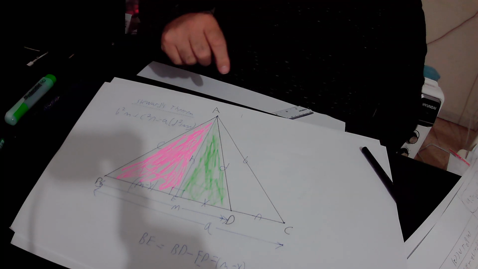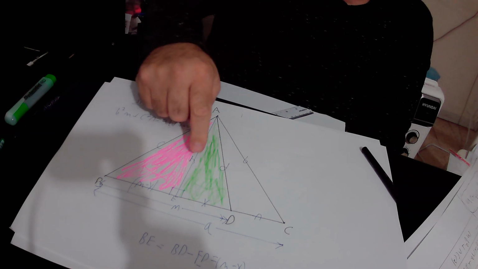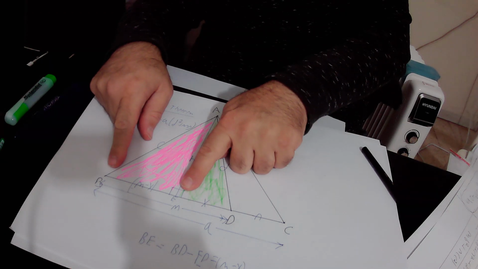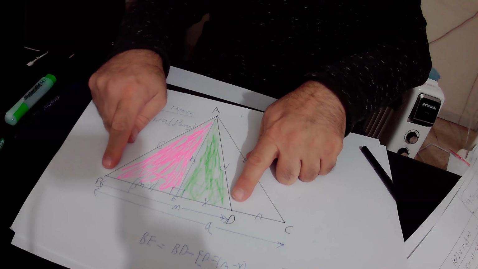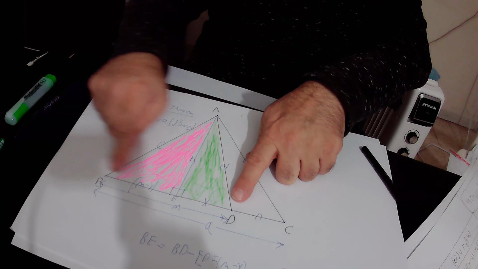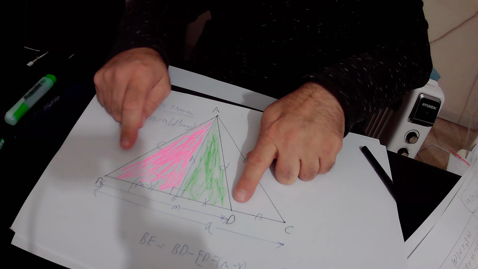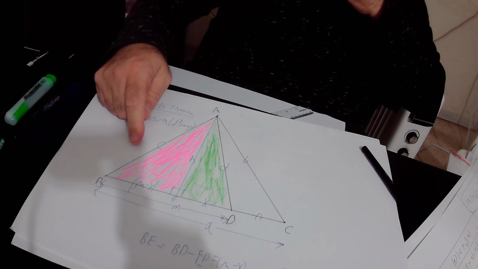We defined side ED as x and side AE as h. And here BE equals BD minus ED. BD is m, ED is x, therefore BE equals m minus x.